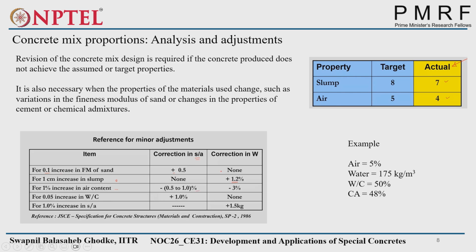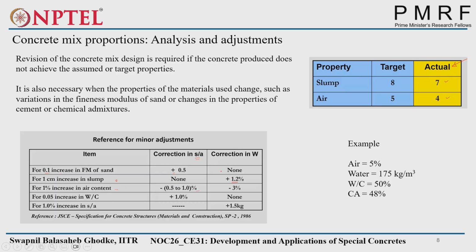Yes, this is plus 1.2 and minus 3, because air content also we have to do. So it comes to minus 1.8, right? And for slump, S/A is none. Here you can take minimum minus 0.5 to 1. So if we consider minus 1%, we have to decrease the sand to aggregate ratio by 1%. So that is the net we have to do for that particular mix. Understood?